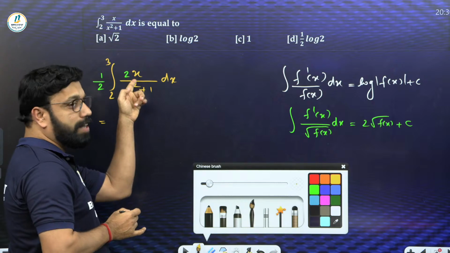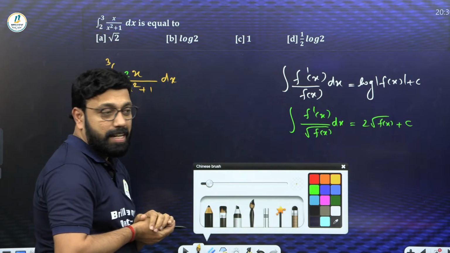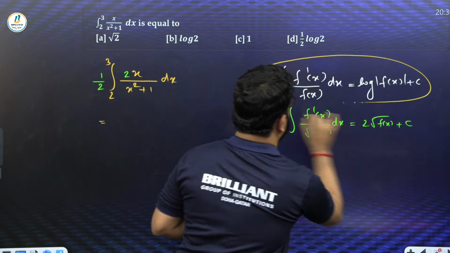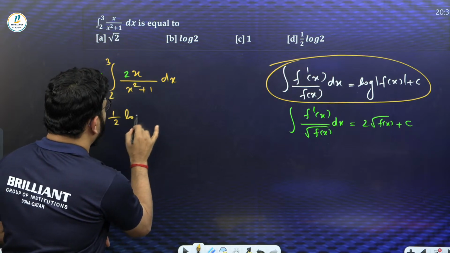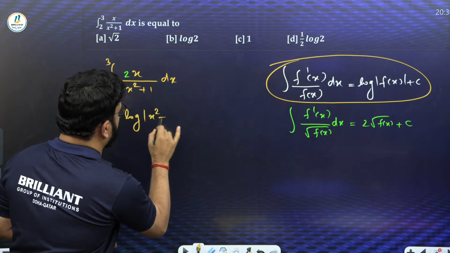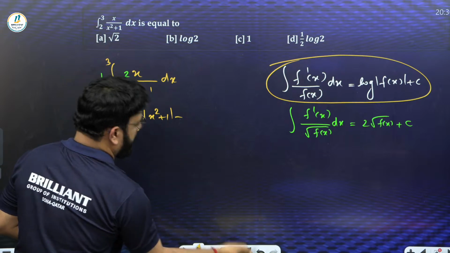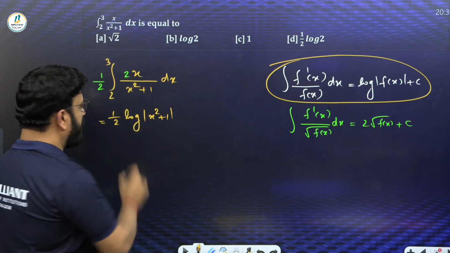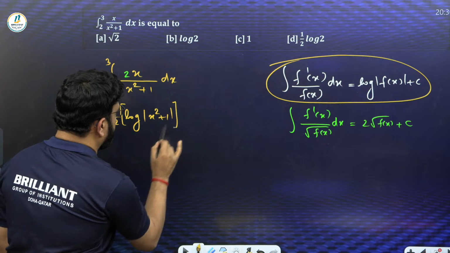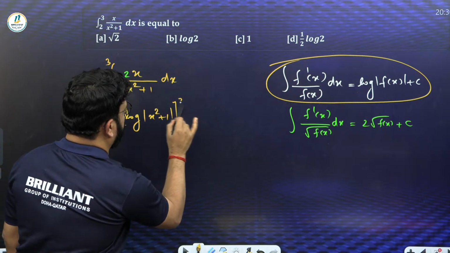Its derivative will come to 2x, like that, the normal method. Instead of that one, we are taking this method. What is that? Half of log of denominator x square plus 1 plus c, not required, because this is a definite integral. Just connect with its limit 2 to 3.